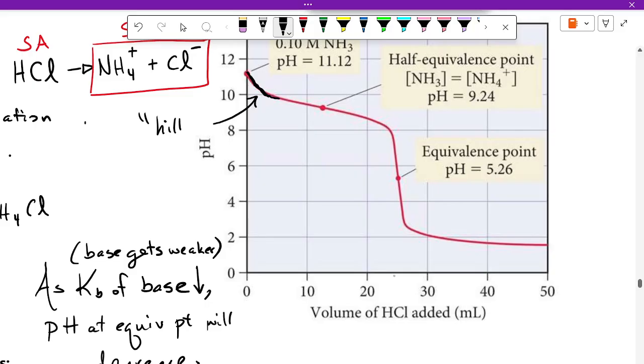And at the half equivalence point, the pH is 9.24. What does that give us as our pOH? 4.76? Yes.